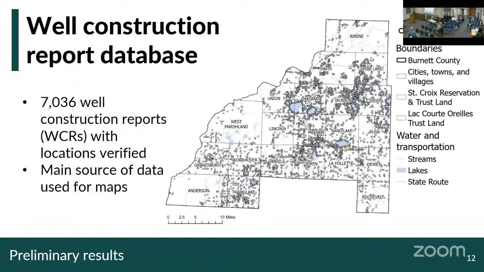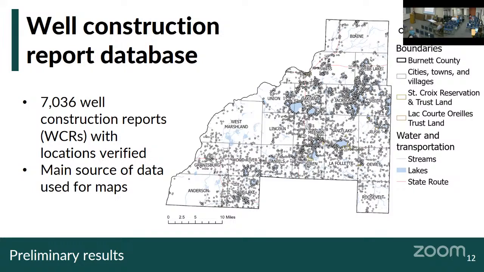Okay, Elmo touched on this already, so I won't spend too much time on this, but like I said, the well construction reports are really our main source of information. And so we just want to verify as best we can where these wells are on the landscape. And the county worked on this with training from our staff, and we're able to identify about 7,000 wells across the county to improve the location more to get it more accurate.